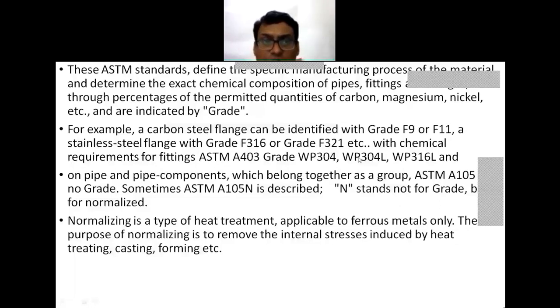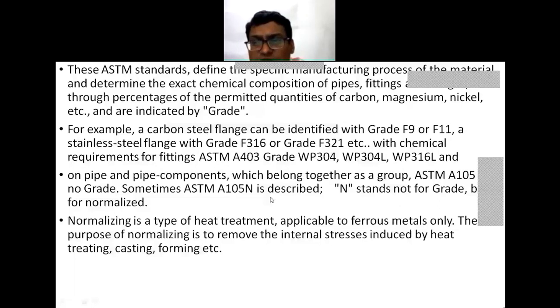That is related to the chemical requirements, and the F is related to the flange requirements. Then there is sometimes the N term, as in ASTM A105N. Now N stands for normalized. Normalization is nothing but the heat treatment that is to be provided. So this normalization N refers to the material of construction.